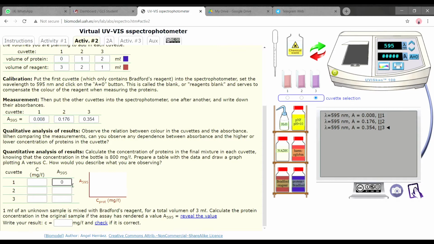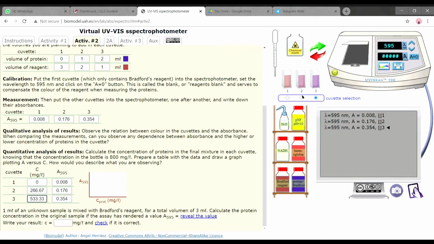So after we have calculated using the C0V0 equal to CdVd formula, we get for the first cuvette is 0 concentration, and the second one is 266.67, and the third one is 533.33.